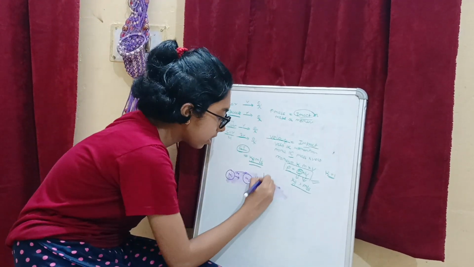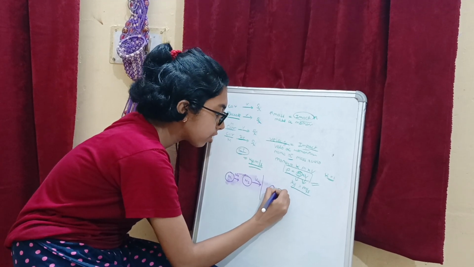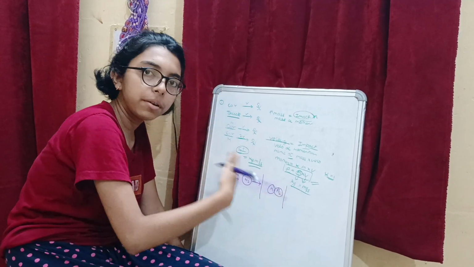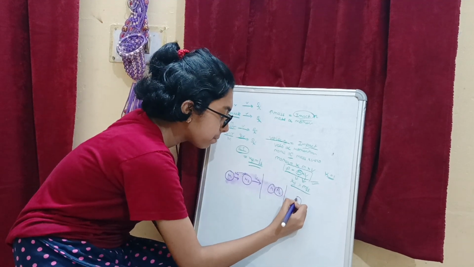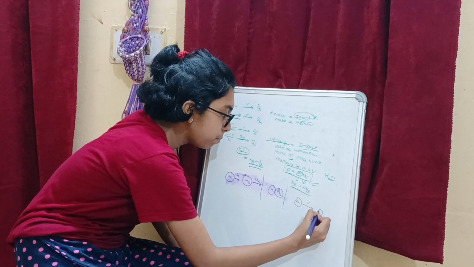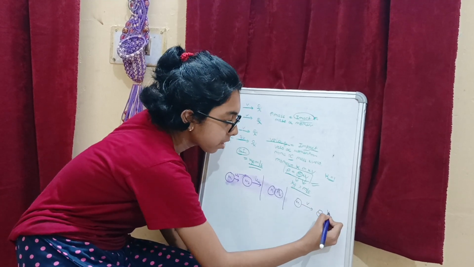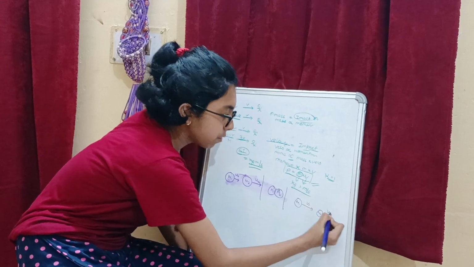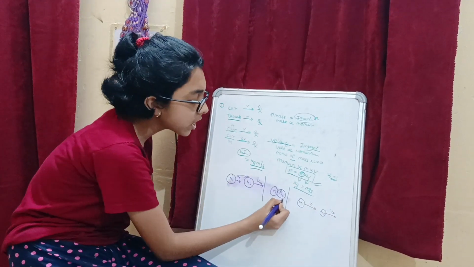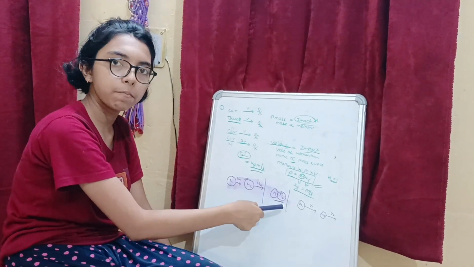Now m1 and m2 collide with each other. After that, m1 starts moving with velocity v1 and m2 starts moving with velocity v2. Here we can see that there is an interaction between the two objects m1 and m2.